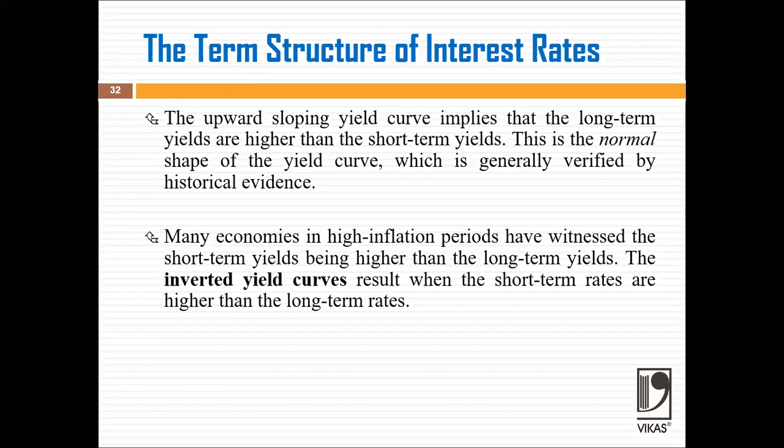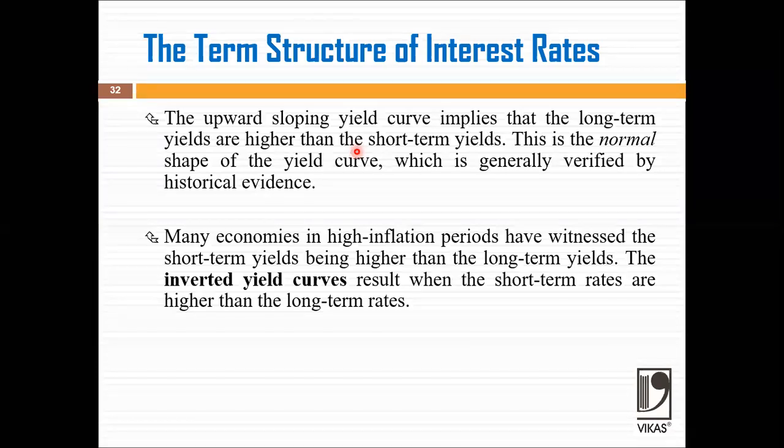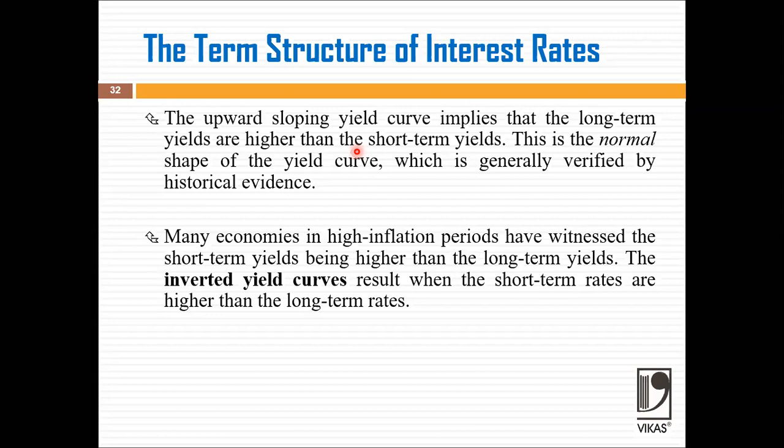So there are two options: bond A and bond B. Bond A has a short period of time, and bond B has a long period of time. So which curve will be upward sloping? Definitely B, because it's a long-term bond.